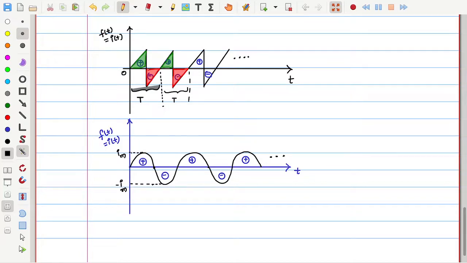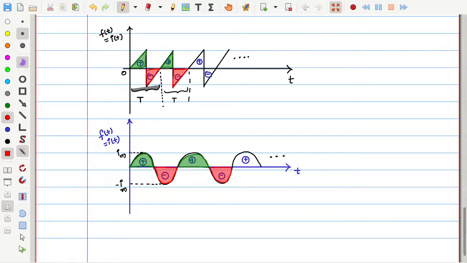Next, let us identify the next waveform. For this waveform, you will have one positive region and one negative region, and these shapes are going to be repeated in the next consequent duration of time like this.